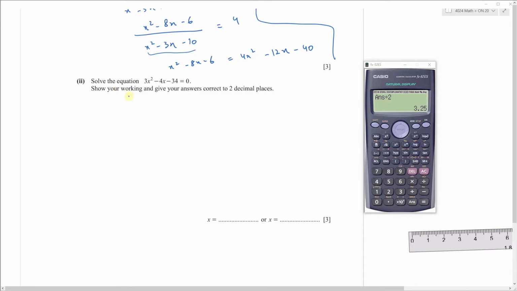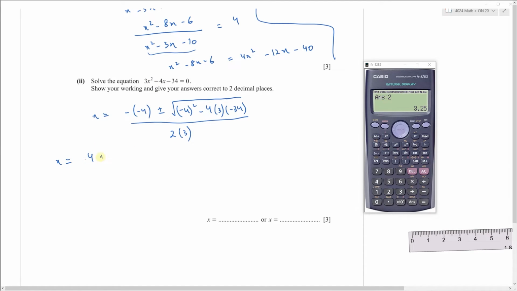Part 2 is solve this equation. We can use the quadratic formula to solve this. So x will be minus b. Your b is minus 4. So minus minus 4 plus or minus square root of b squared minus 4ac, a is 3 and c is minus 34, over 2a. A is 3.